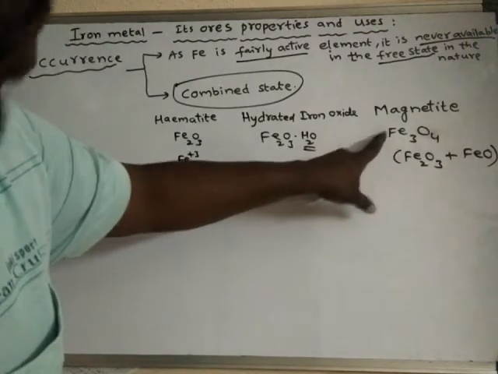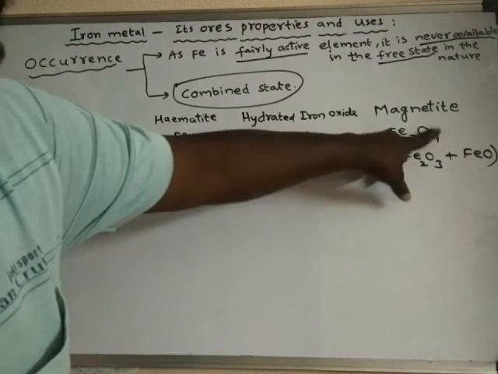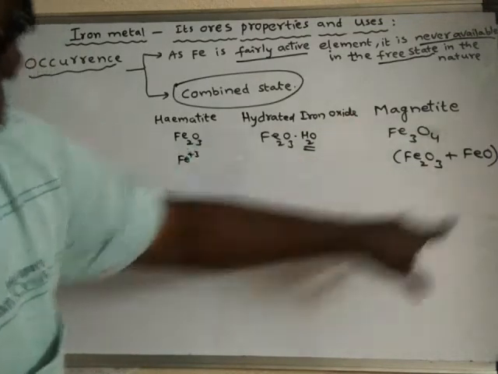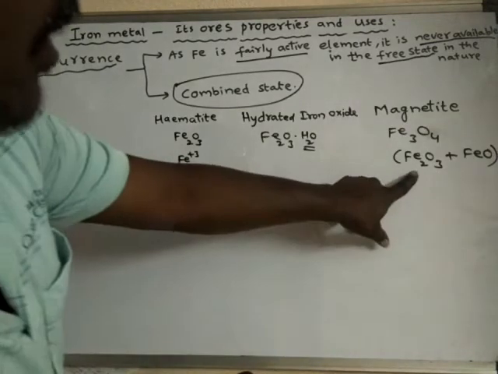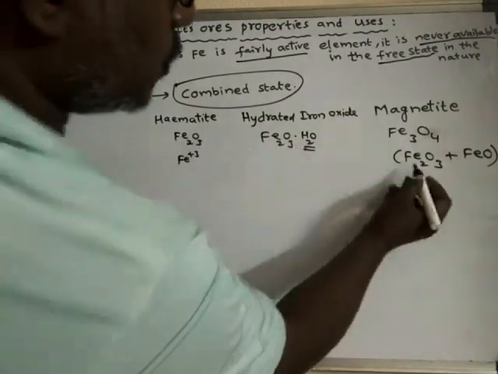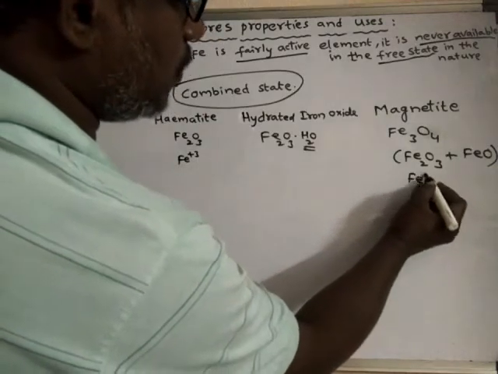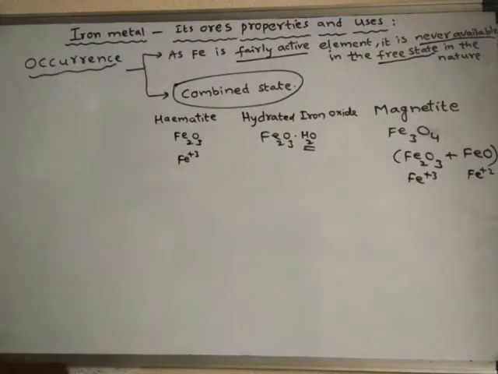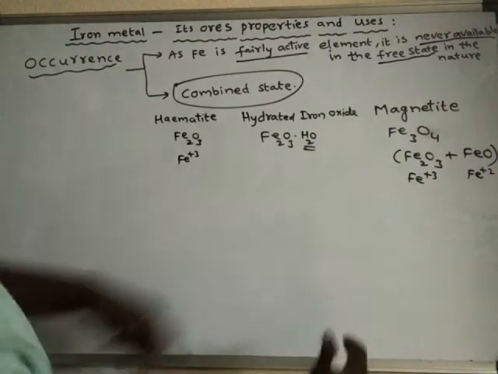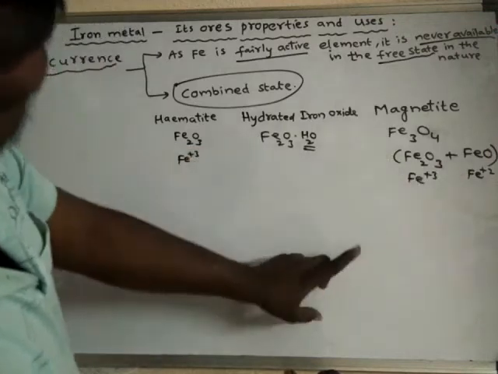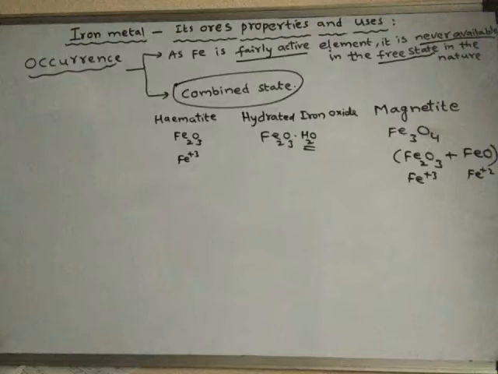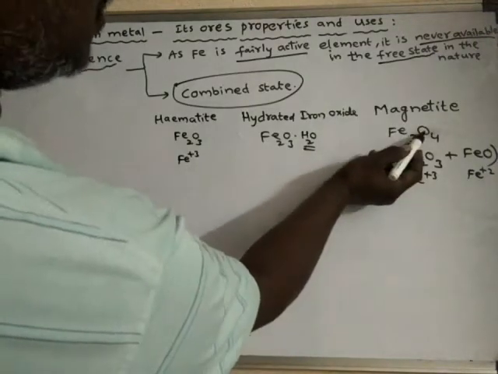Hence, it is also called ferroferric oxide, because it's a mixture of ferric oxide and ferrous oxide, that means iron 3 oxide and iron 2 oxide. Here iron is present in the form of +3 and here in the form of +2. So it is also called iron 2,3 oxide, or else tri-iron tetroxide.